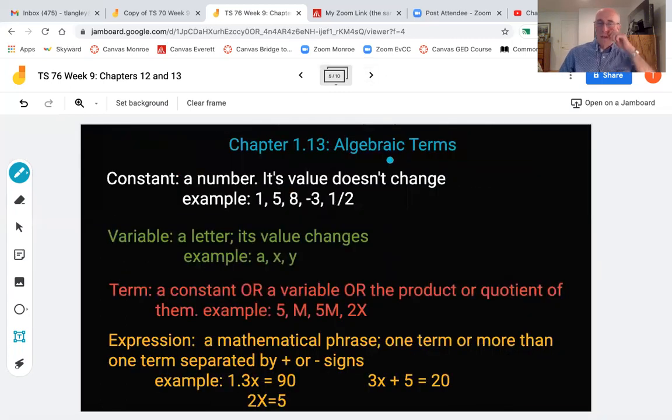Chapter 13, folks, is all about a whole bunch of terms and then identifying them, basically. So stop your recording, copy down what you see on the screen. And I'm going to pick it right back up here and start talking about these terms. Now, you may wonder, why are they throwing a bunch of algebraic terms at us?